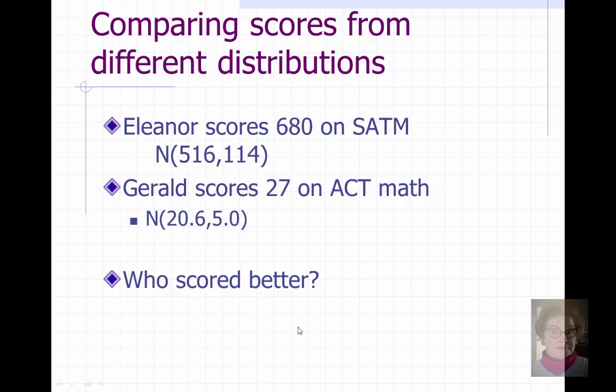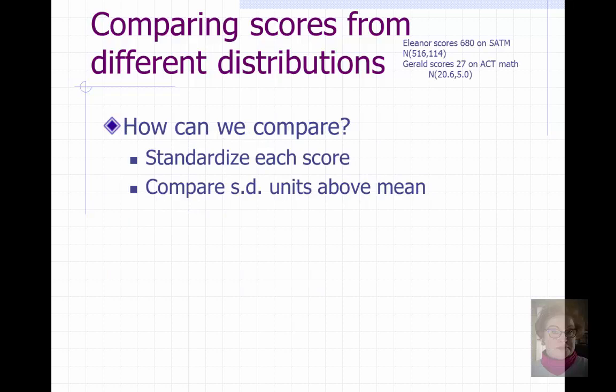Well, the way we're going to answer this question is we are going to standardize both scores. We're going to look at where they are in that probability curve, in that density curve. So we're going to standardize each score, and then we're going to compare the number of standard deviation units above the mean, and we have our data up here in the corner.